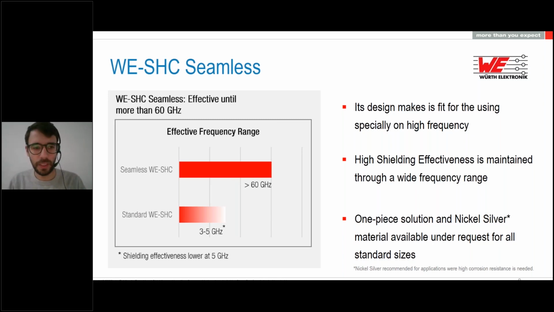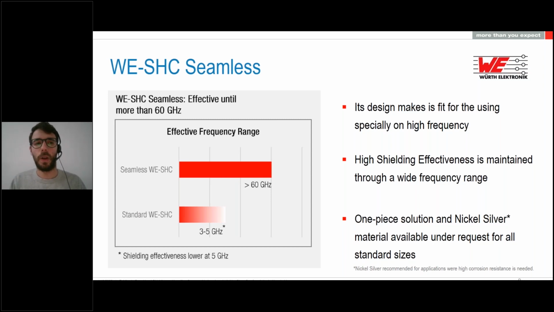As we see here, the standard shielding cabinets are very effective, with high shielding effectiveness until 3-5 gigahertz. From there, the holes that are coming for the design of the shielding cabinet can be acting like radiating antennas, and the high frequency signals can escape through there. The seamless shielding cabinet, we are solving this part.